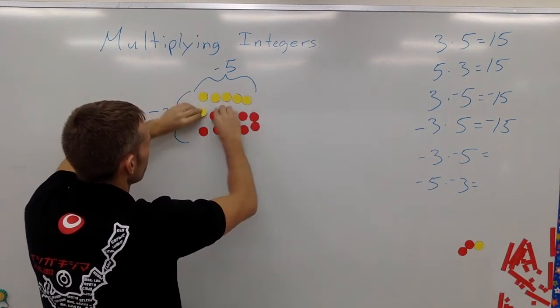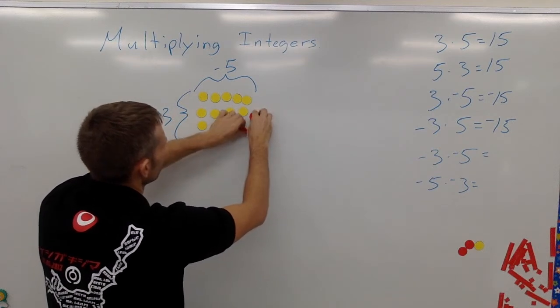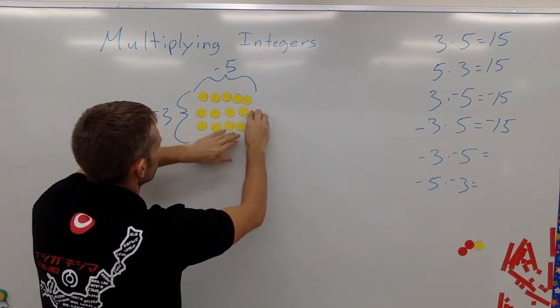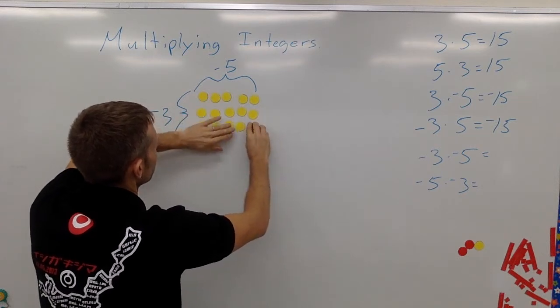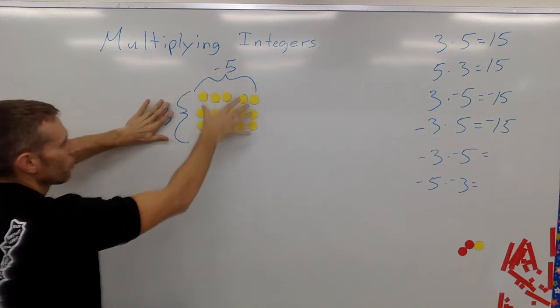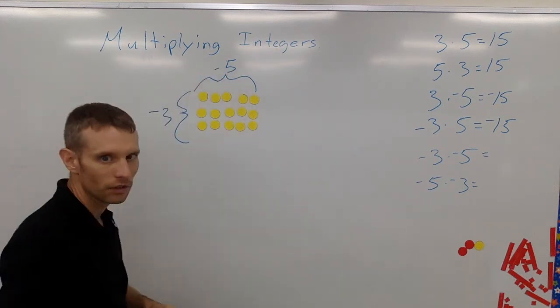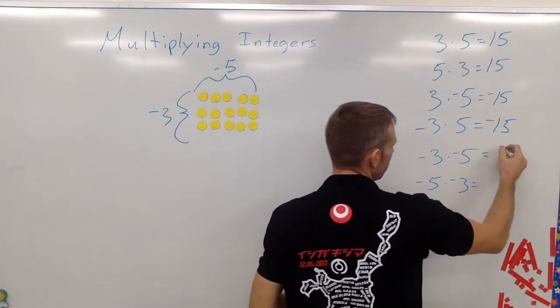Negative 3 groups of negative 5. I had a negative 5, then I had 3 groups, but I have negative 3 groups of negative 5. A negative times a negative gives us a positive.